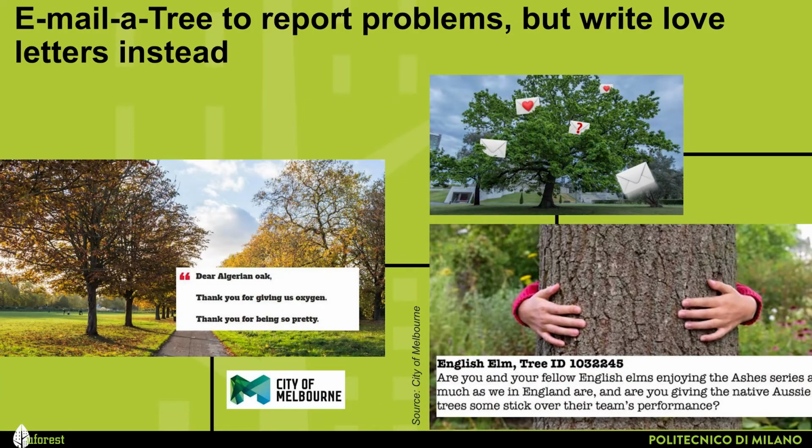So essentially what they did is they assigned an email address to each and every single tree to basically streamline that process. But what happened next completely took people off guard. They actually ended up writing these trees emails, love letters, song lyrics, poetry, all of these different things to express their love and their appreciation for trees.